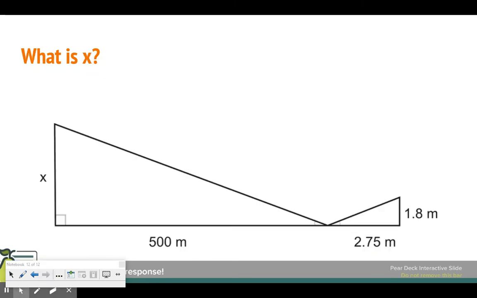Here would be a mirror example. You could pretend that we have a little mirror here, and we want to know the height of whatever object is over there, so we can set up a proportion with our similar triangles. We have the height, its distance to the mirror is 500, the height of the other object, and then the distance to the mirror.